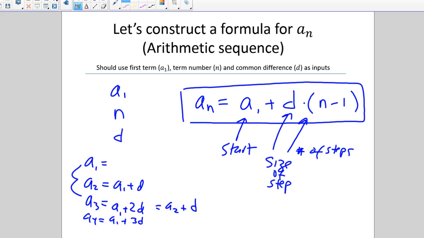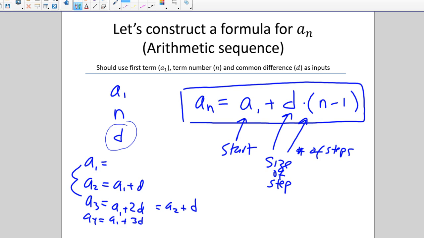Okay, let's just quickly review the formulas we constructed for arithmetic and geometric sequences. Remember, arithmetic means each term in the sequence is found by adding some constant number, which we call d here, to each successive term. So the way we constructed those formulas is to get the nth term, we're going to take our starting term, and we have to add a certain number of those differences to get to our nth term.